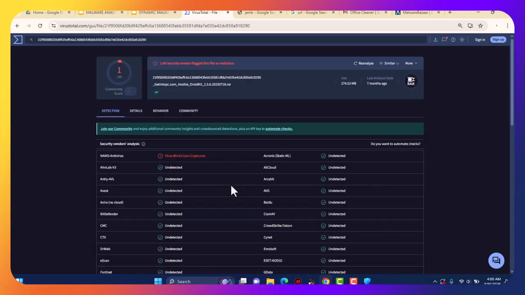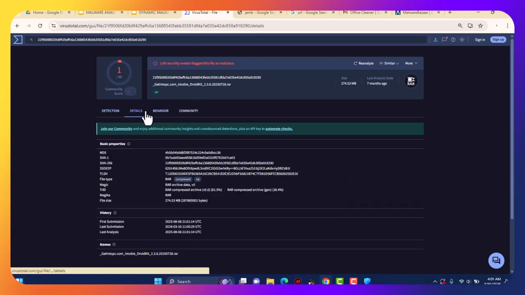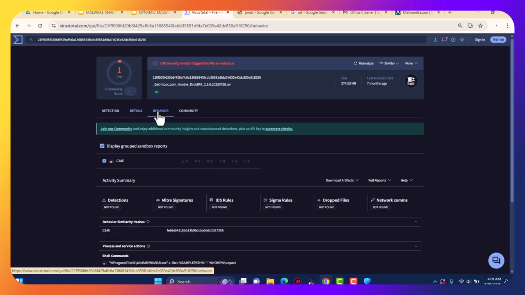It says among all these things, one out of 60 detected it as a virus. Nano antivirus detected it as a Windows virus. Are we together? If you look at it, go to behavior first. It's telling us the behavior. Remember these particular tools were downloaded with a crack.